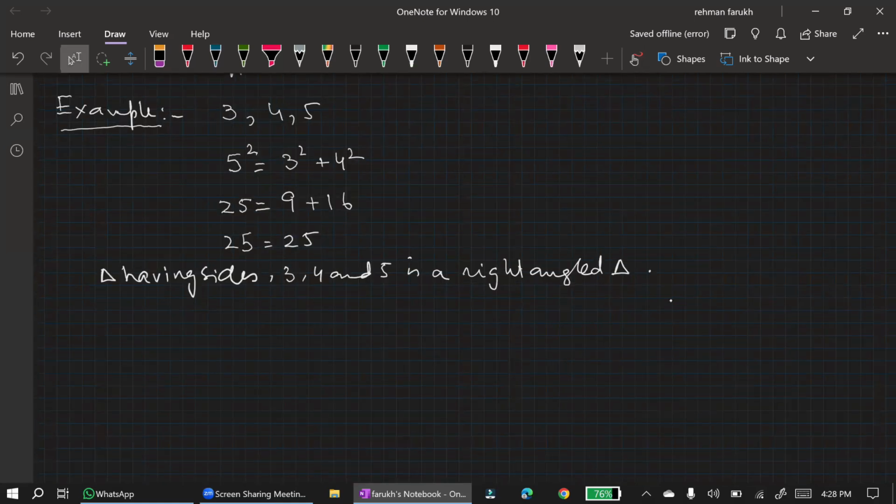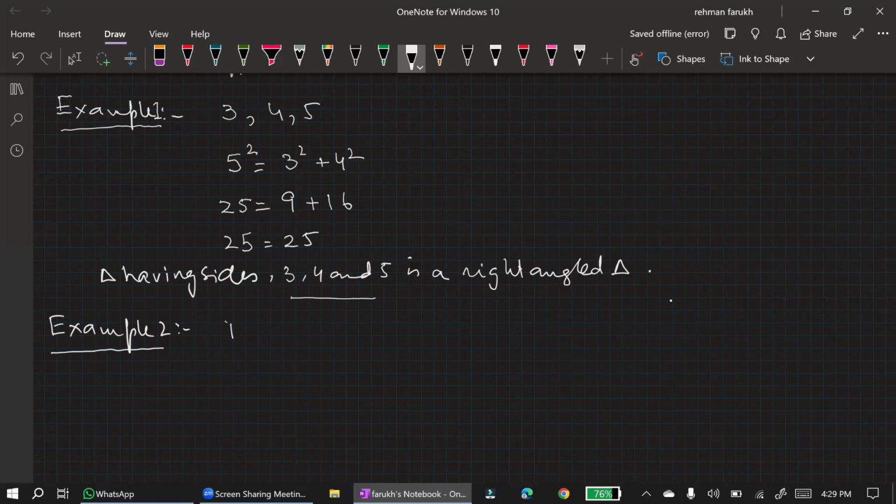Now look at another example. Now we want to check whether the triangle having sides 2, 3, 4 is a right angle triangle.